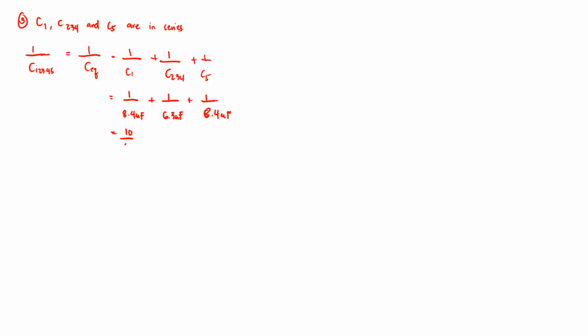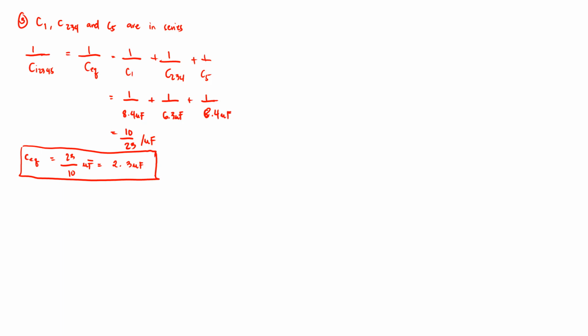So you will get 10 over 23 per microfarad, or your C equivalent is equal to 23 over 10 microfarad, or this is equal to 2.3 microfarad. Okay, so this is our equivalent capacitance of the 5 capacitors.